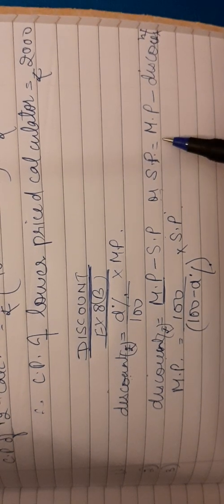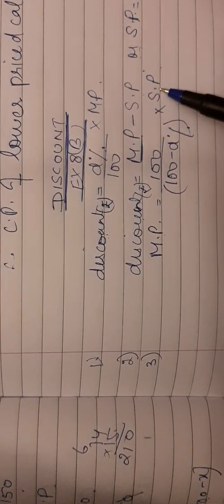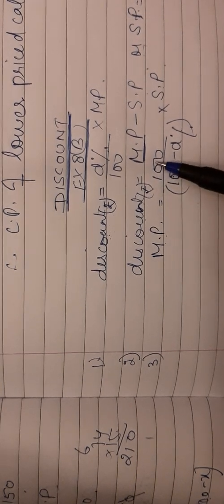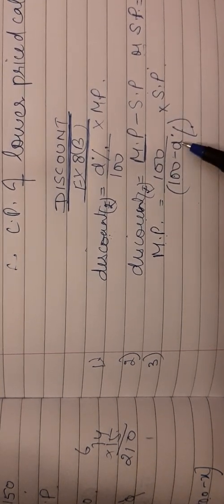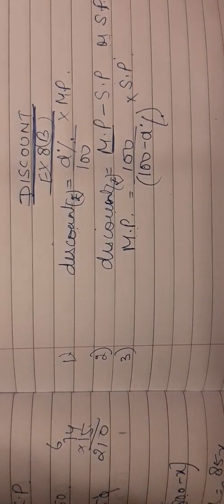So discount, in other words, gives us some benefit. Now there is one more formula for finding the mark price if the discount percentage and selling price are given to you. The formula for the mark price will be 100 upon 100 minus discount percent into SP. So you can see these formulae are written in the book also.